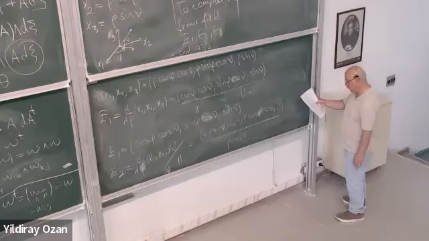And if you compute E3, let me just do it over here. E3 is d over d nu of what? The same expression, rho times cosine phi cosine nu, rho times sine phi cosine nu, and rho times sine nu.